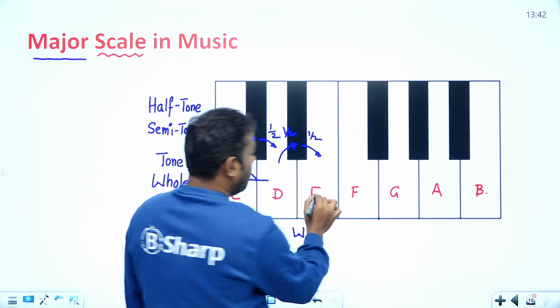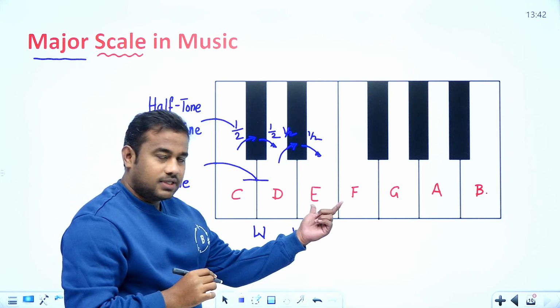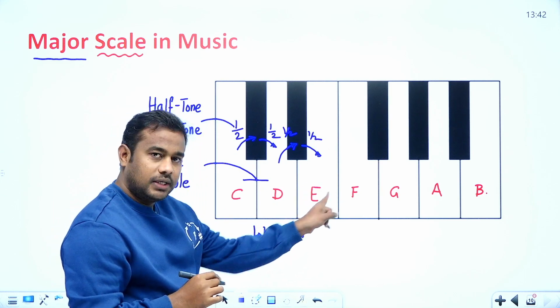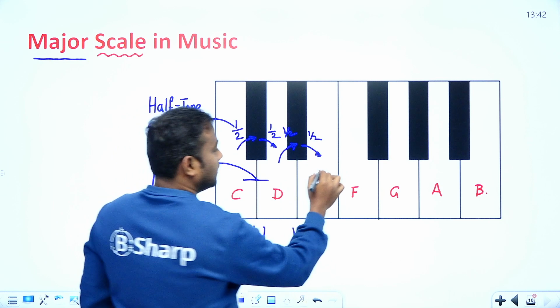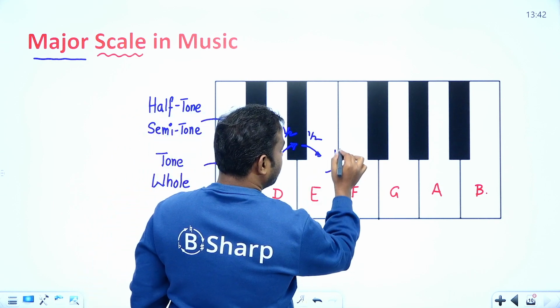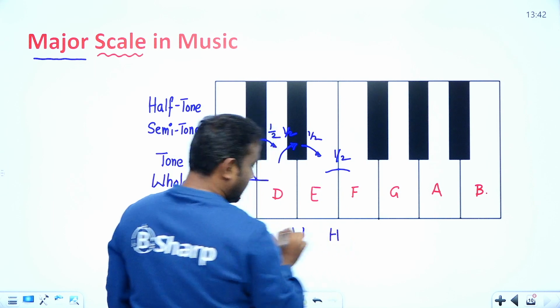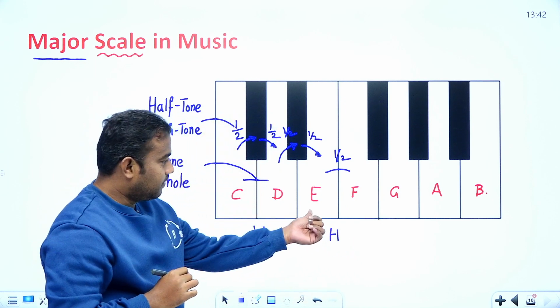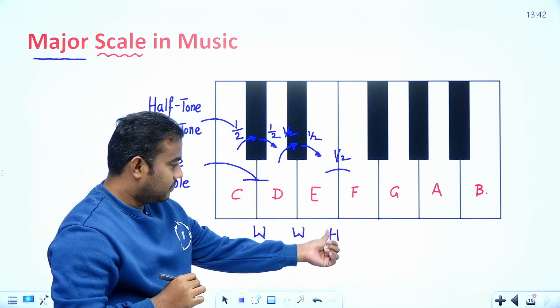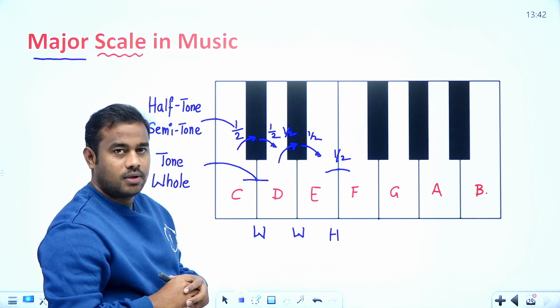Now if you observe, as I said in the previous class also, there is no black key between E and F, so this will be only a half tone. That's why they write an H here. The tonal distance between E and F is half.